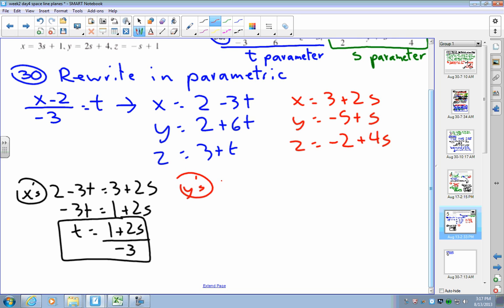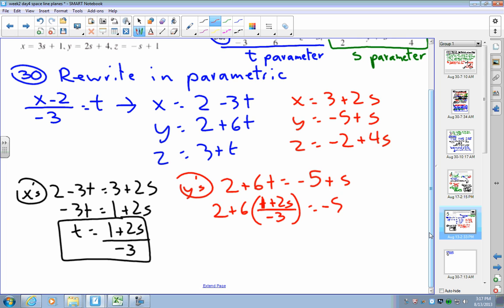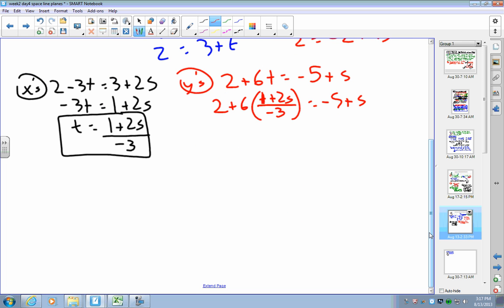The y's would be 2 plus 6t equals negative 5 plus s. That's 2 plus 6 times 1 plus 2s over negative 3 equals negative 5 plus s. So that's 2 minus 2 minus 4s equals negative 5 plus s.